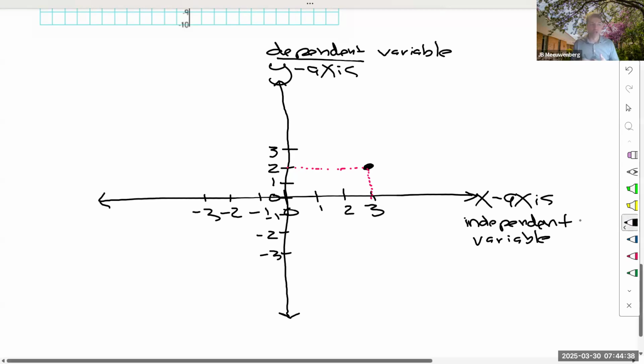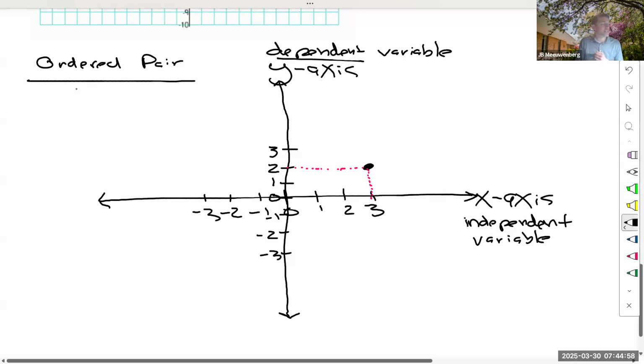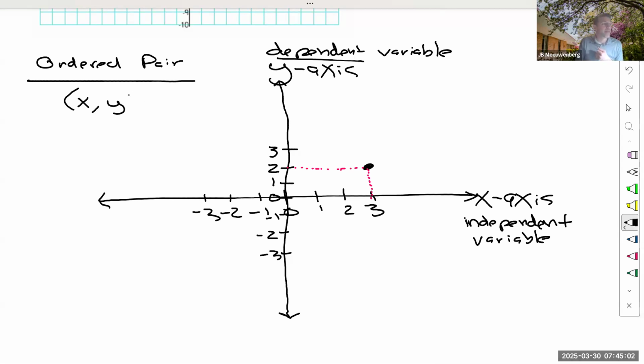And we have what's called an ordered pair. I'll write this over here, an ordered pair. Or sometimes it's also called a coordinate pair. So an ordered pair or a coordinate pair looks like this. It's got parentheses, it's got an x value, and then it's got a y value, and then close the parentheses.